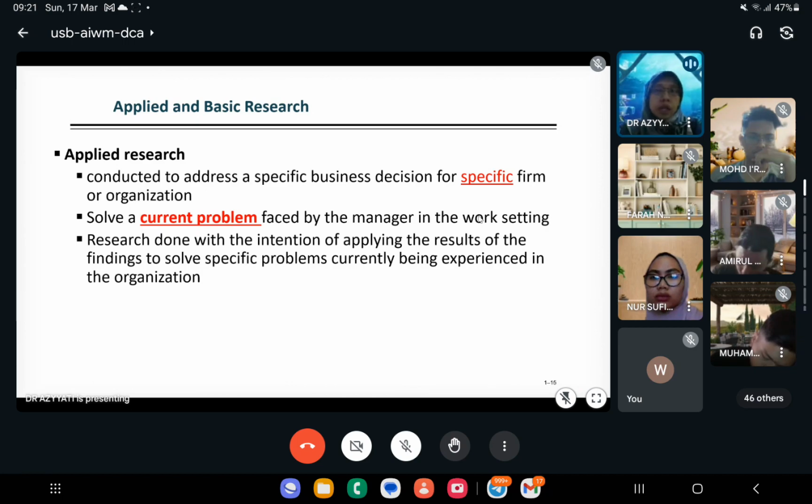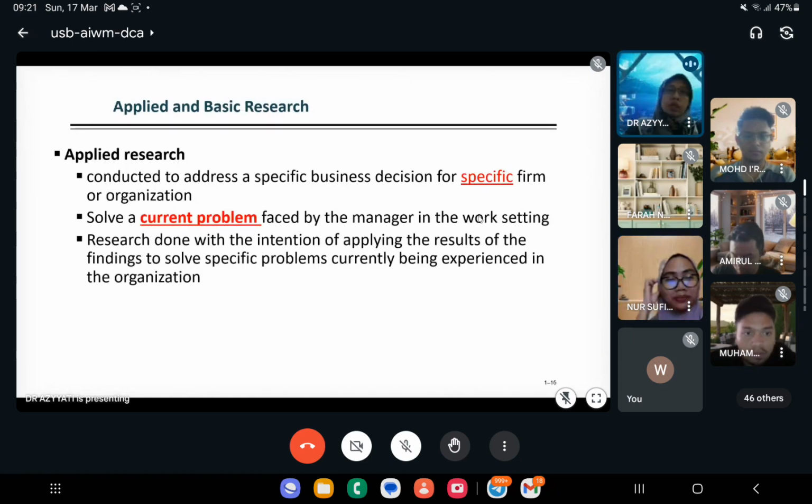It happened to my DBA student. He works under Suruhanjaya Syarikat Malaysia, and he introduced a program called the Biz Trust program. The problem is that not all SME businesses are registered with Biz Trust. Whoever has the logo or certificate of the Biz Trust program is a trusted company, so whoever buys products online through them knows the company is trusted.